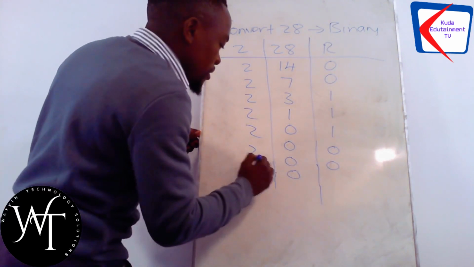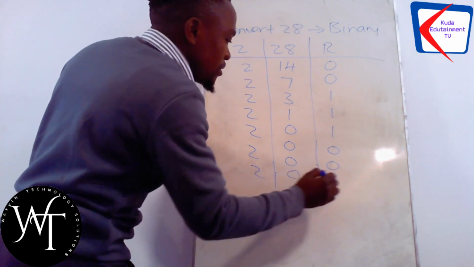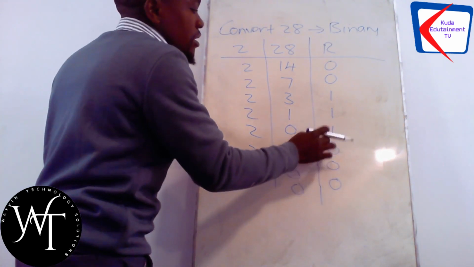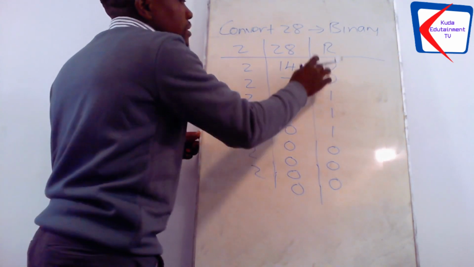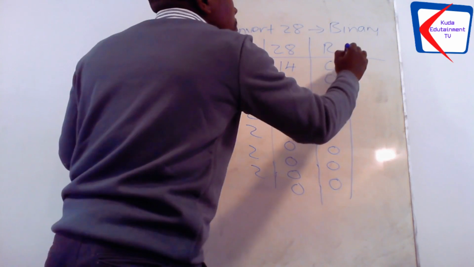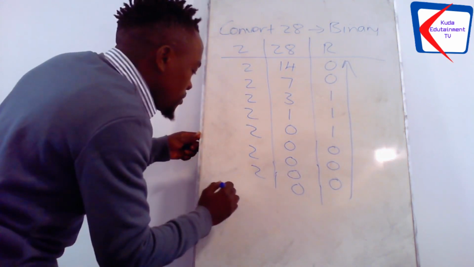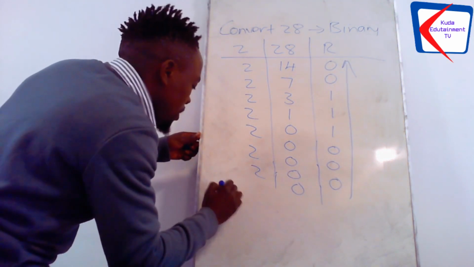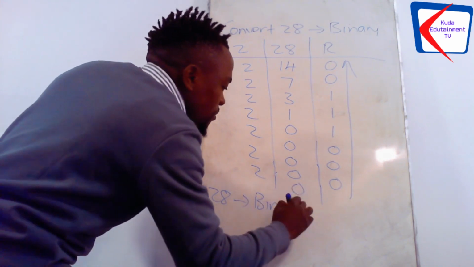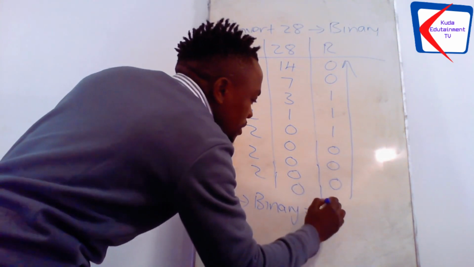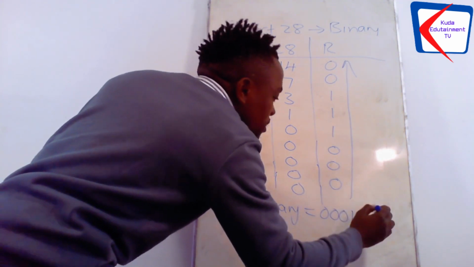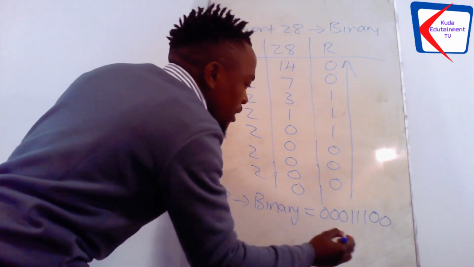The last one, 2 into 0 is 0, remainder 0. We now have 8 bits. We write our answer from bottom to top. So 28 to binary is equal to 0, 0, 0, 1, 1, 1, 0, 0.